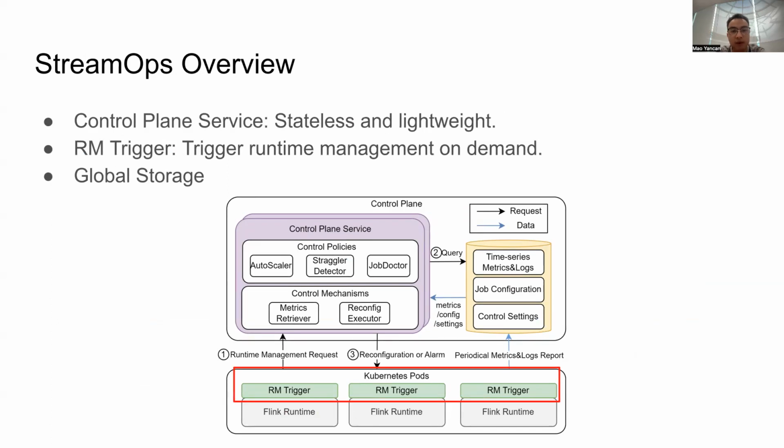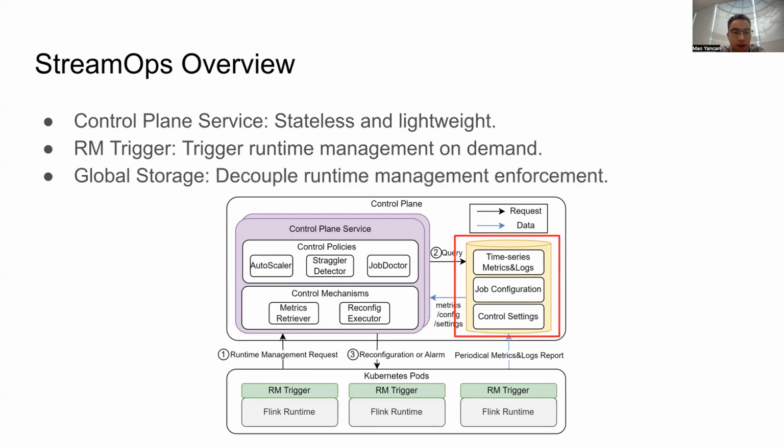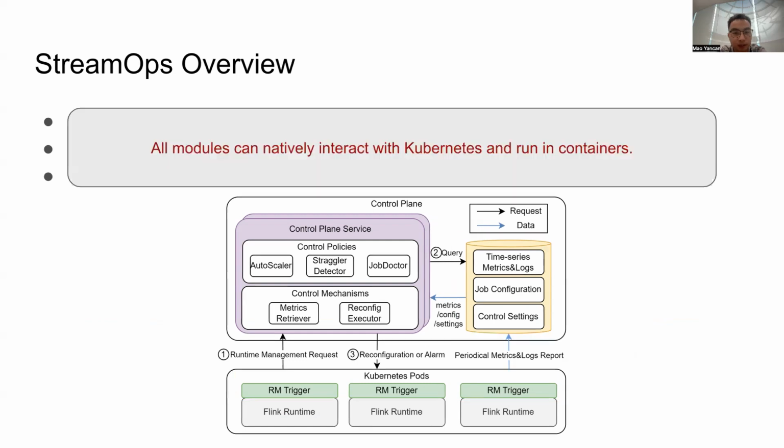Streaming jobs can be configured with runtime management triggers to request runtime management on demand. The global storage manages control plane required state, such as metrics and job configurations. It decouples the periodic metrics report and runtime management enforcement. All modules can natively interact with Kubernetes and run in containers.